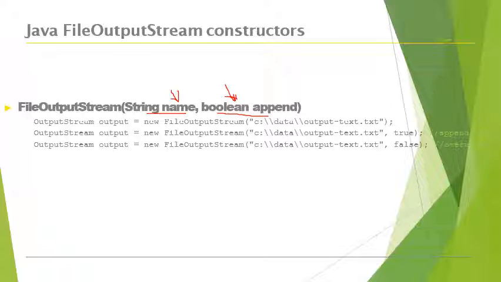If we give the value true here, we can append the value. If the boolean value is false, we cannot append; it will override the value. If we give nothing and just give a string name, we cannot append the value. These are our FileOutputStream constructors.